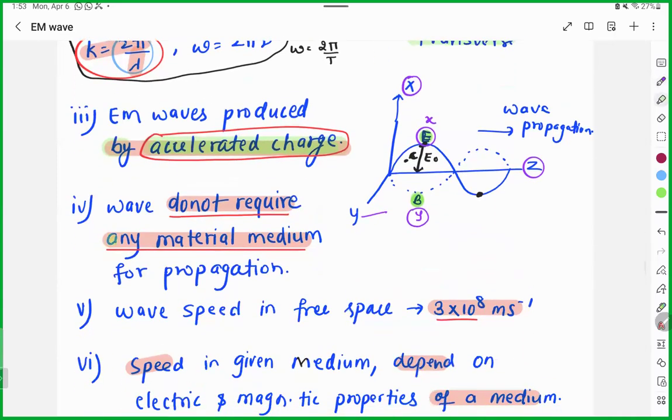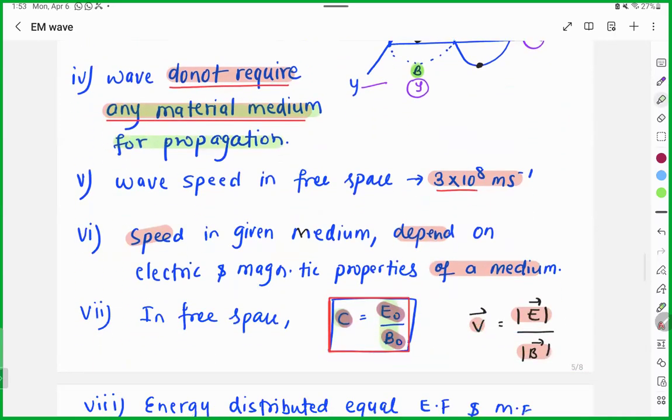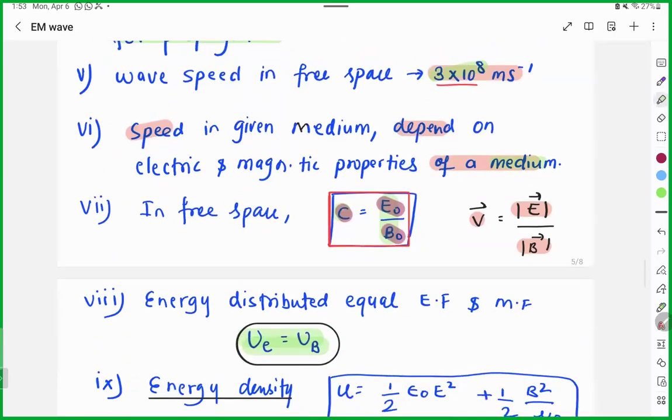Next, electromagnetic waves don't need any medium. Even in space, electromagnetic waves can move. So for propagation no medium is needed. The speed equals the speed of light, and the speed in a given medium depends upon the electric and magnetic field properties of the medium. For example, in free space, what will be the value of the speed of light?